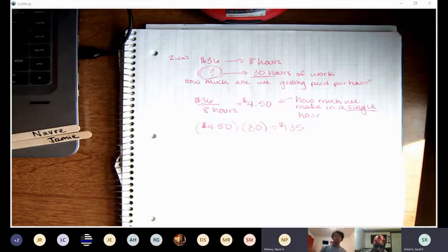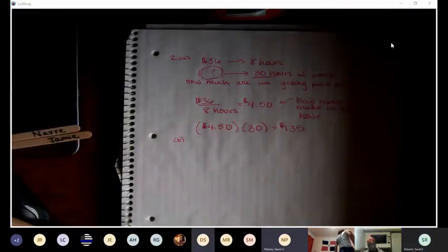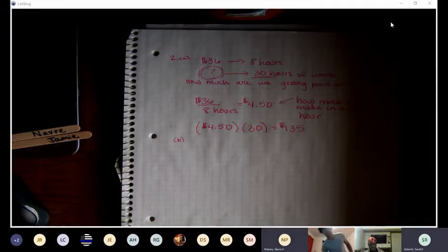I'm good. You're good. When you did 36 divided by 8, do we have to divide first? Because I multiplied that. What did you multiply? 36 times 8. So you took 36 and multiplied by 8, and then what did you do after that?